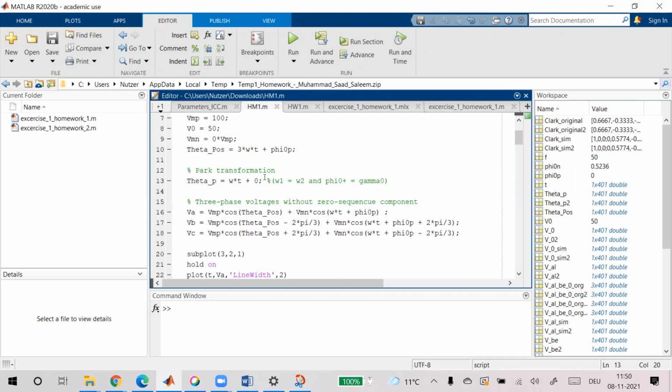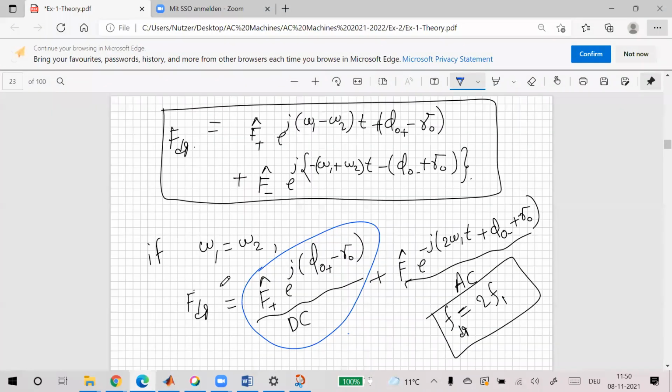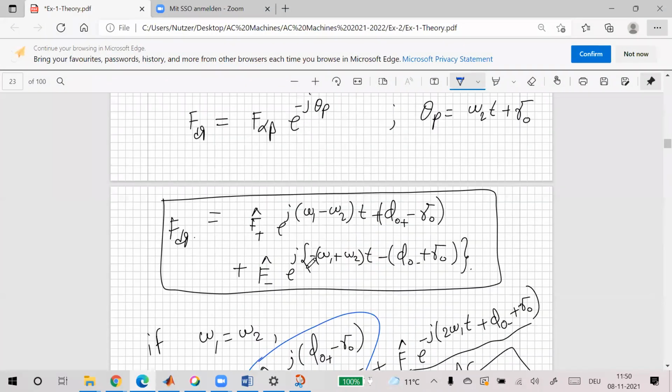AC. Okay, one vote for AC. AC. Only AC. No idea. So if you feel like there is no idea, you see this equation. So when you have positive sequence, you would have the frequency as omega 1 minus omega 2.